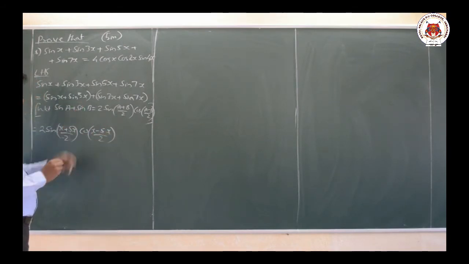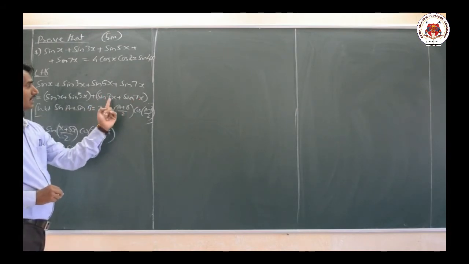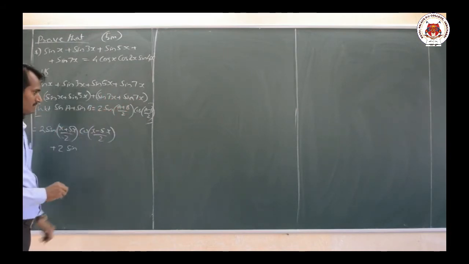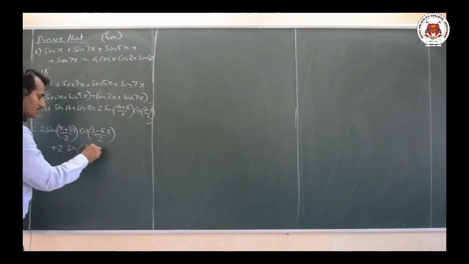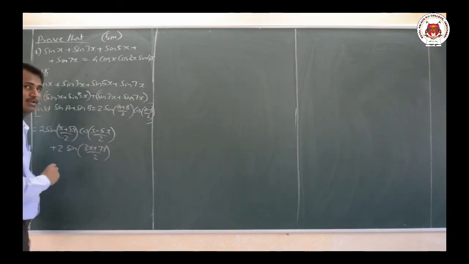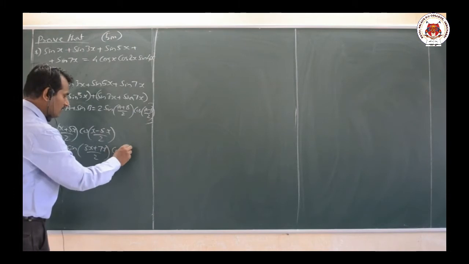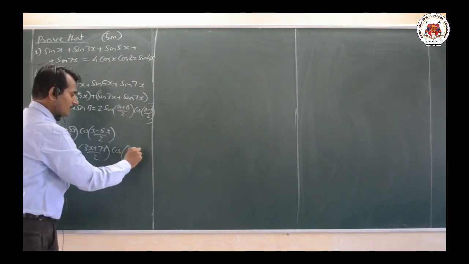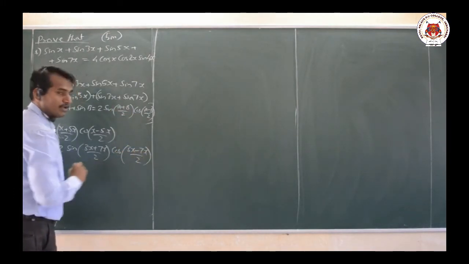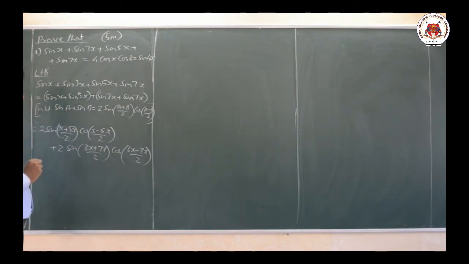Then plus 2 sin, now the formula for this part, a is 3x, b is 7x, that is (3x plus 7x) divided by 2, and next we have cos of (3x minus 7x) divided by 2. Now I will simplify it. We get 2 sin of 6x by 2, that is nothing but 3x. Very simple.